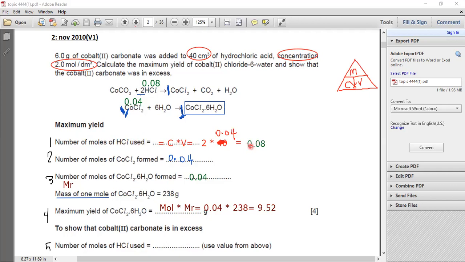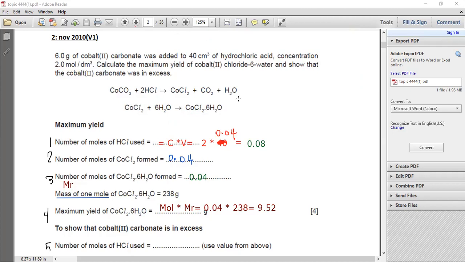Yes? 0.08. We need to know which one is in excess. Which one is in excess? Check here. Attention with me. Take now. Everything is clear. Up to here everything is clear.